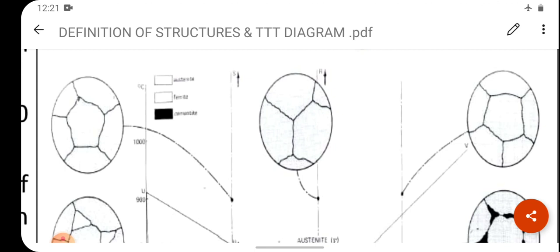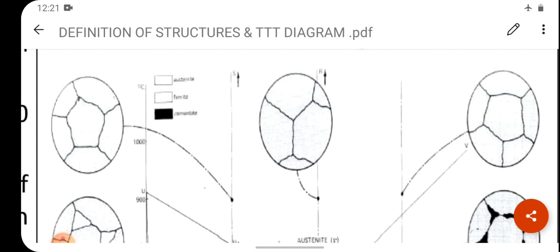So this is the austenite already shown in the previous iron carbon diagram. So here only austenite is present, but if we change the carbon percentage, the microstructure will also change.